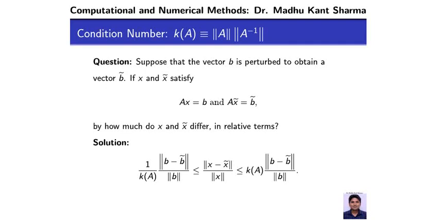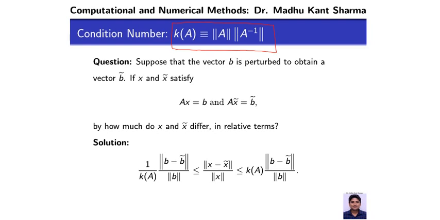So last time we defined the condition number for a given matrix A, where it is pre-assumed that A is an invertible matrix. Moreover, the norm here is any of the subordinate matrix norms.